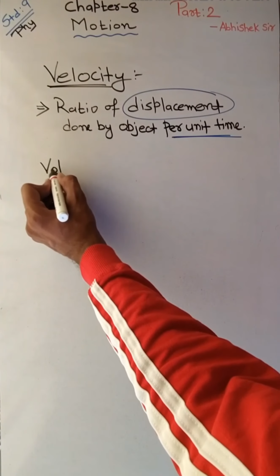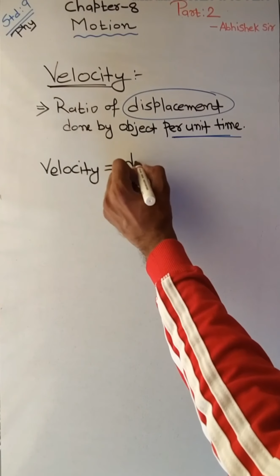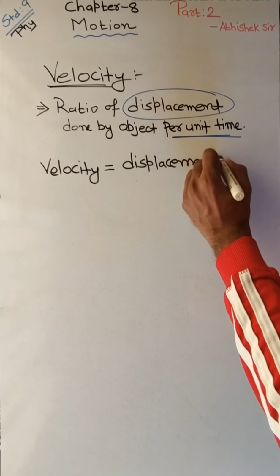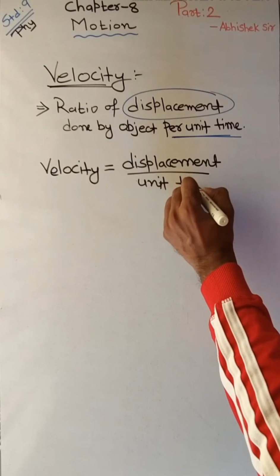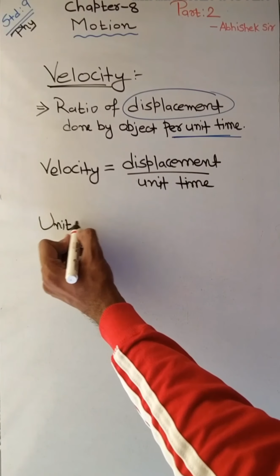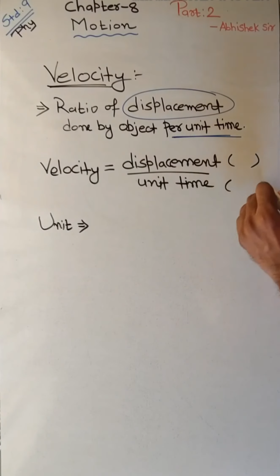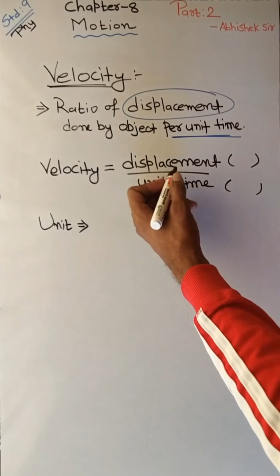So what will be the formula of velocity? Velocity equals displacement per unit time, right? If we talk about the unit of velocity, you have to take the displacement unit and the time unit.